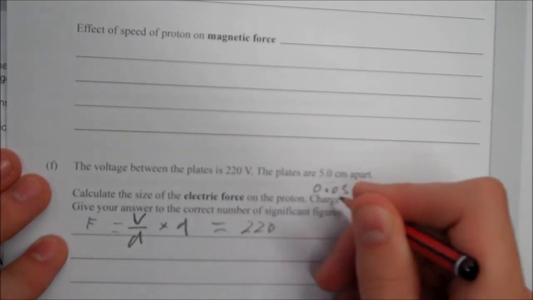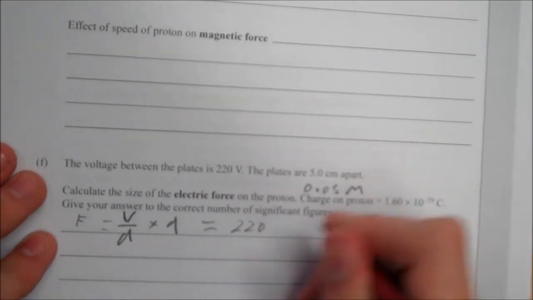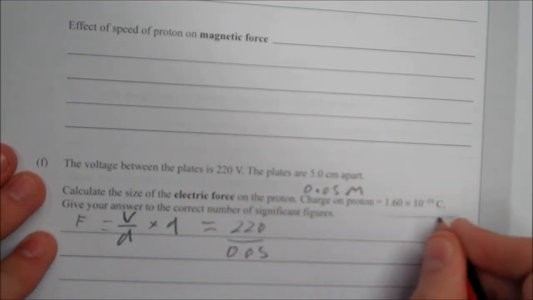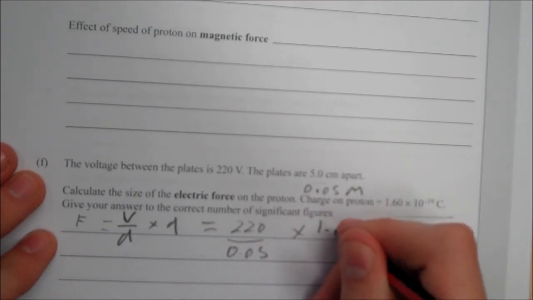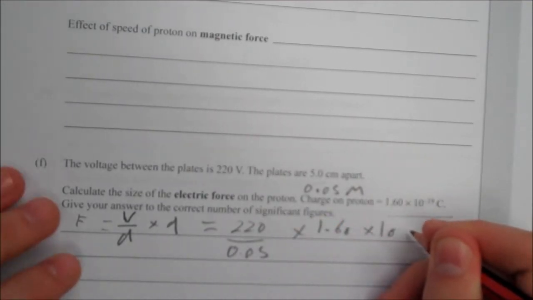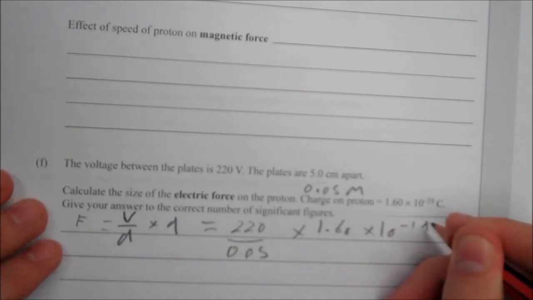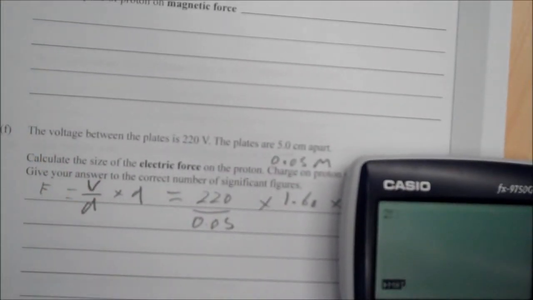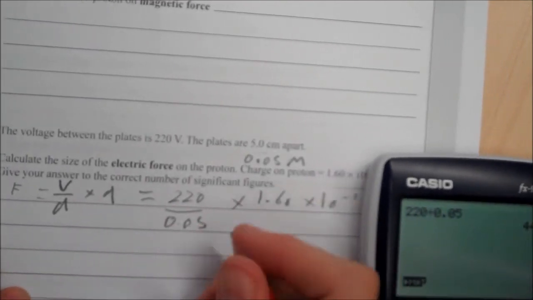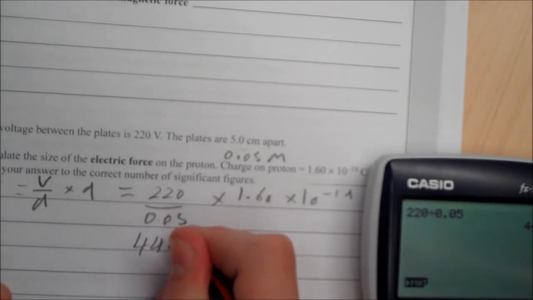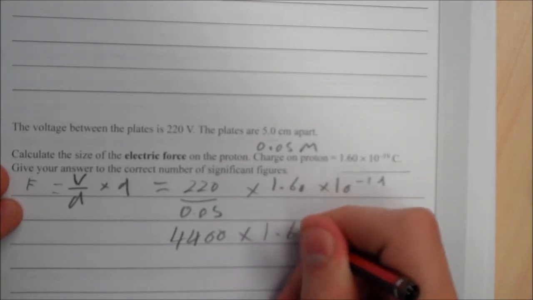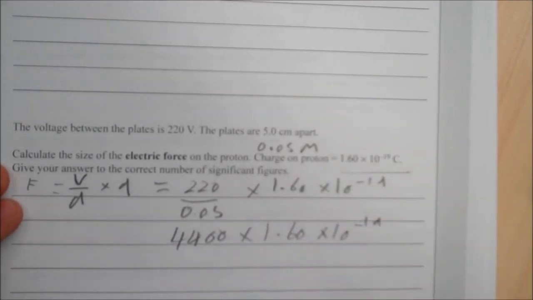So 220 divided by 0.05, and the charge is this number here, times 1.60 times 10 to the negative 19.